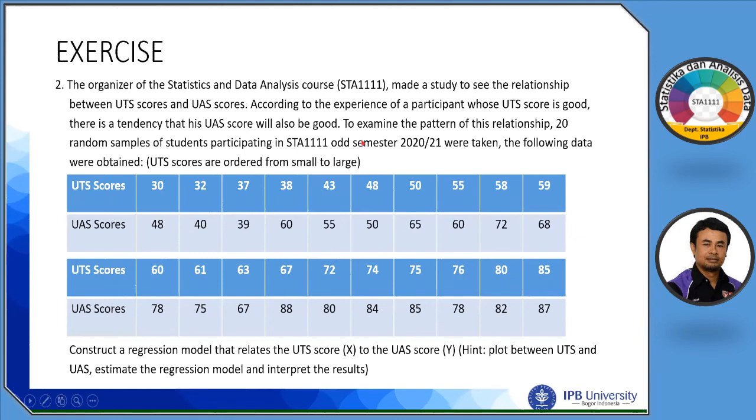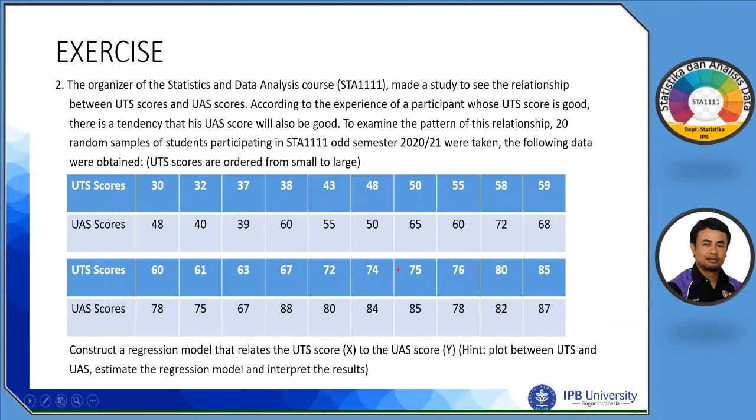Odd semester, I mean last semester, let's say student number 1, the UTS score is 30. Sorry, this one is very low actually. And then the final exam score is 48. And then the second student also got a very low score in the midterm exam, and in the final exam also not a good one.